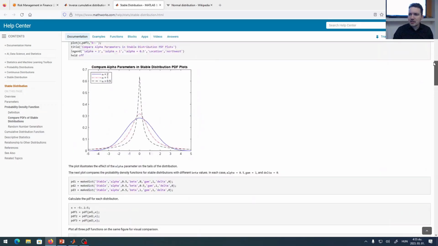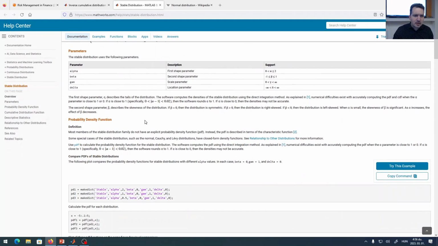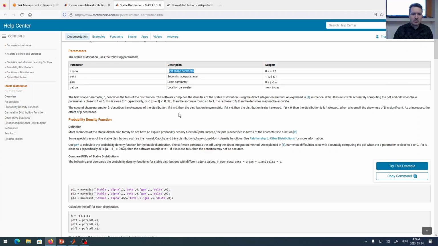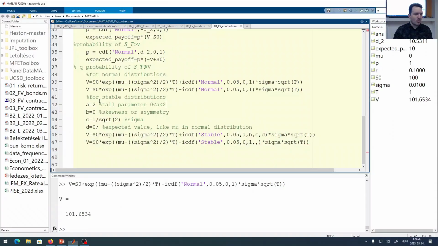And if we are going up, it says first shape parameter, so it can be anywhere between 0 and 2, but practically it says that please don't be near 0, because in this case it can create strange behavior, so mostly 1.